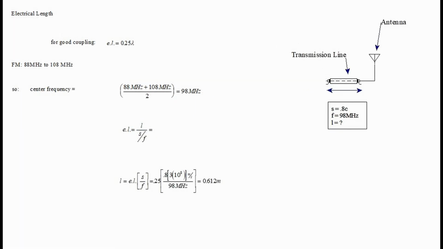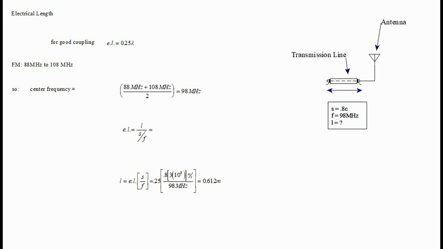In this problem, we're trying to transmit the FM band, and we calculate that the center frequency of FM is 98 megahertz. And then we know that the electrical length should be 0.25 lambda for good coupling. So we know that the frequency is 98 megahertz and the speed is 0.8 c.